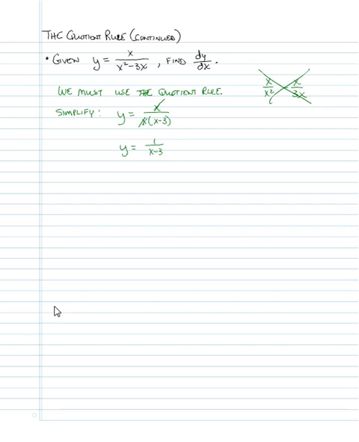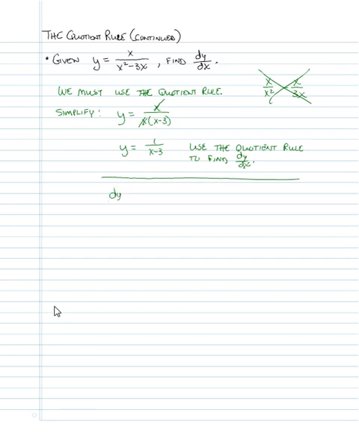There's nothing else we can do here. We can't rewrite this as we have in the past. So now we have to use the quotient rule to find the derivative. Okay, so we begin that process.